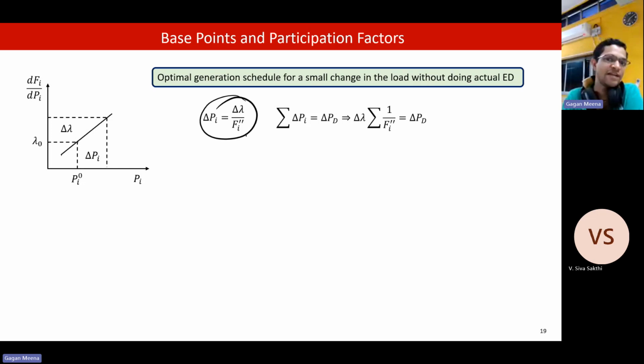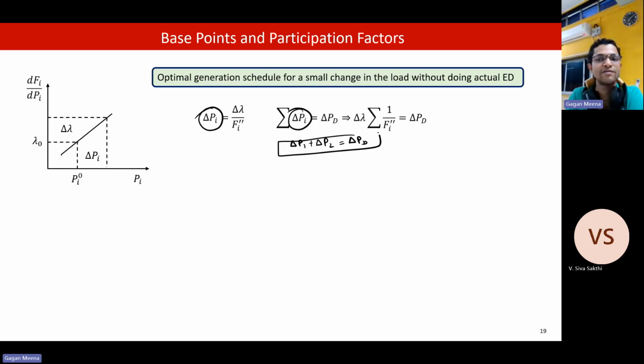For each generator, we have this, and the summation of changes in generators is the change in generation for a change in load. The sum of changes in individual generators should be equal to the change in the load. The change in load has to be met by these two generators, if we have only two generators.